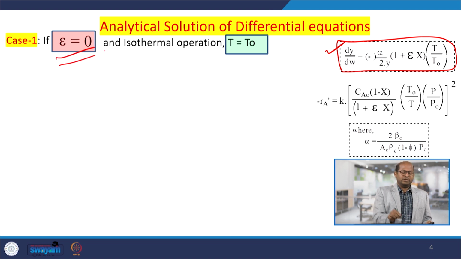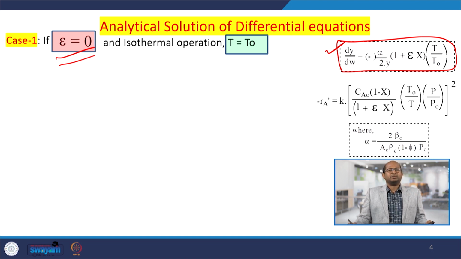If there is no change of moles, means if we take initially 1 mole and after reaction 1 mole of product is formed, then there is no fractional change of volume due to the reaction. In that case, epsilon equals 0 we can consider.